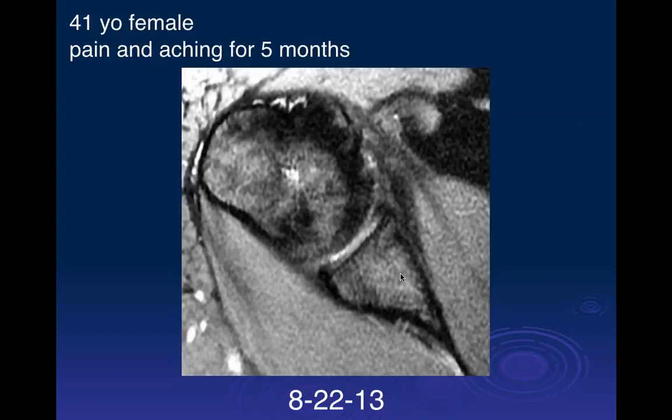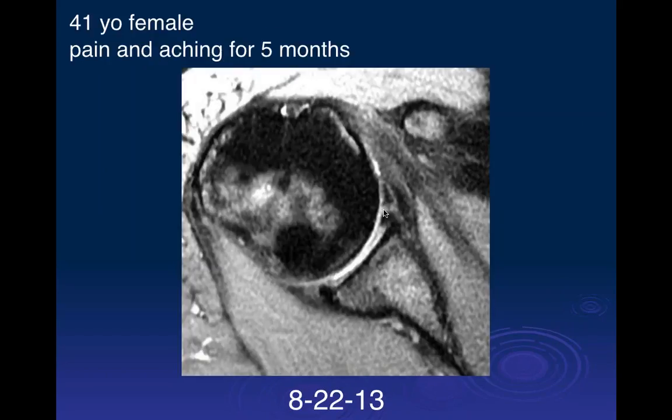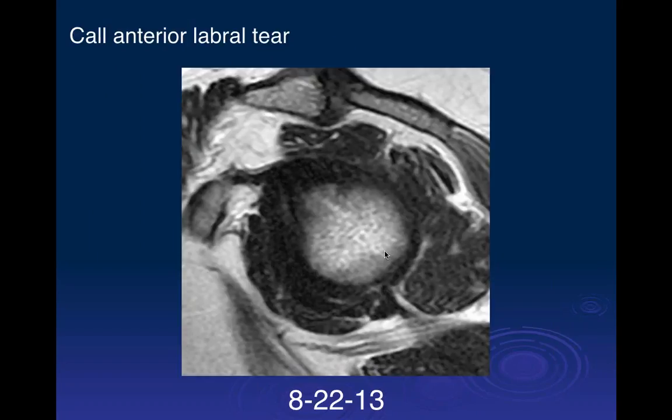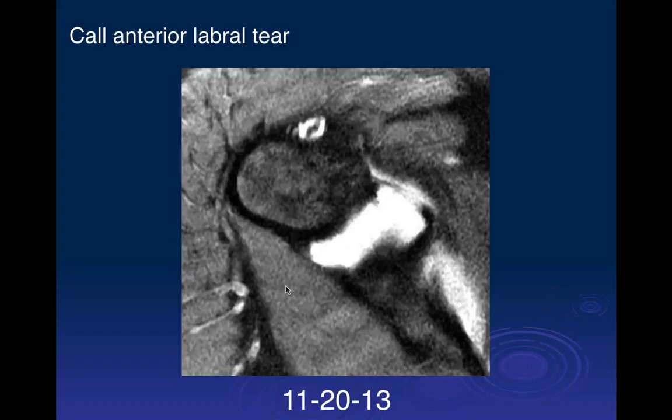Let's go back again. Here are these two structures, and this is called an anterior labral tear. We have the middle glenohumeral ligament, the base of the labrum, and is this labrum or is this the superior insertion of the anterior band of the inferior glenohumeral ligament? We can't really separate things very well without fluid.